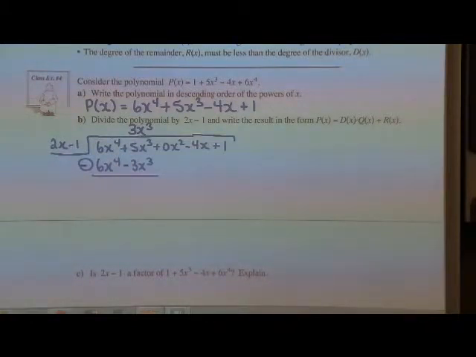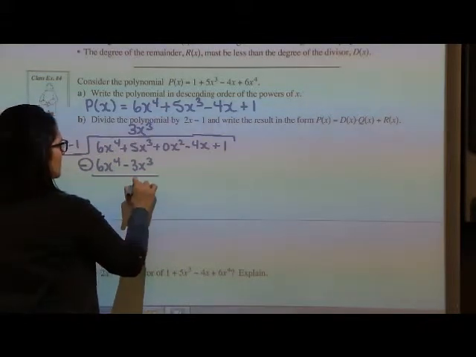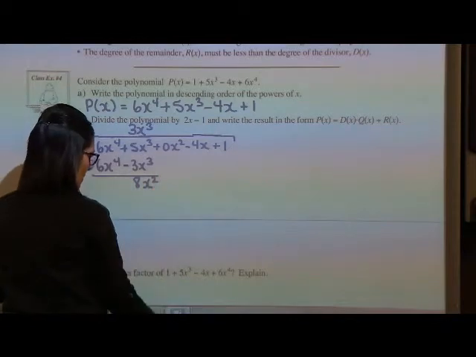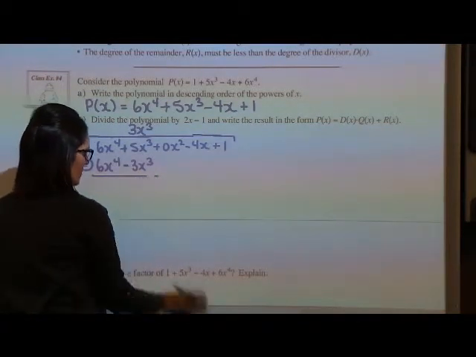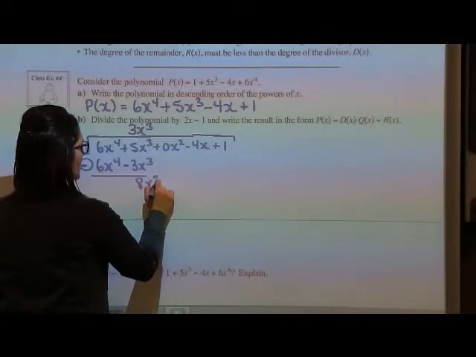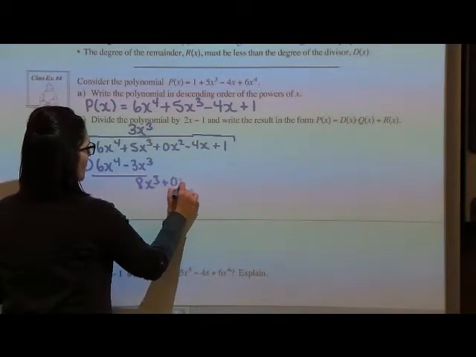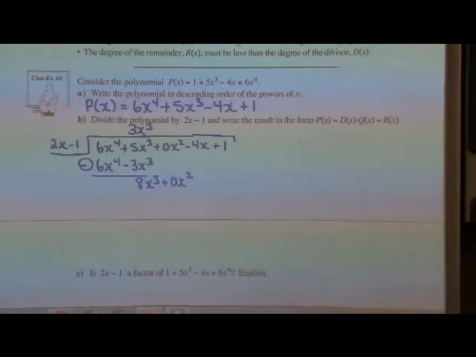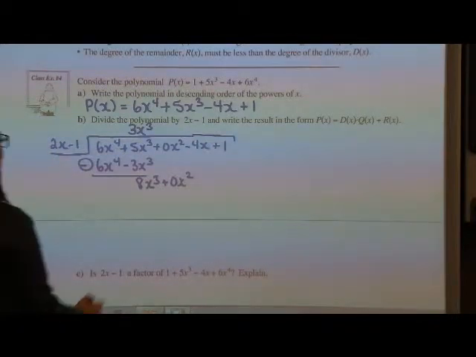And then 5x cubed minus negative 3x cubed is 8x cubed, and then I bring down the 0x squared. 8x cubed divided by 2x is 4x squared.